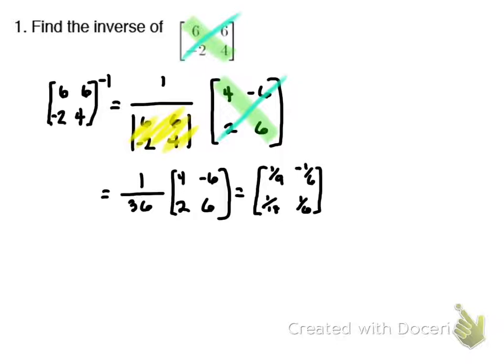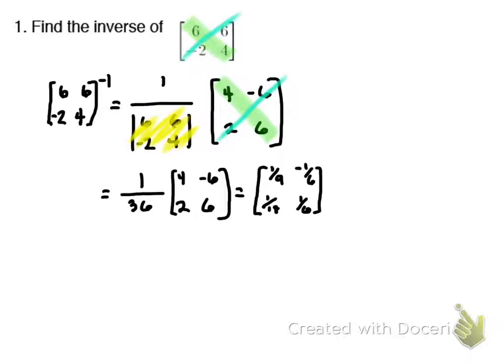Okay, so the 6 and the 4 switched places, and the -2 and the positive 6 become their opposites. So positive 2 and -6. Then I take the determinant of that matrix, highlighted in yellow, and that is 36, times the switcheroo, and then you distribute that 1 over 36 inside to the matrix.